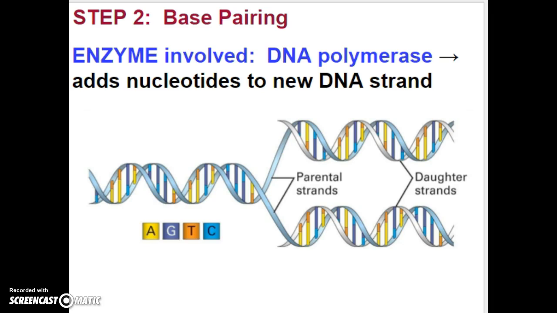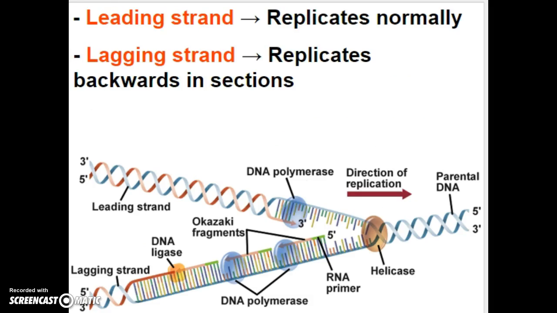If it sees a cytosine, then it's going to put a guanine, and it'll go on and on and on. The leading strand, which is the one that goes from 3' to 5', replicates normally. DNA polymerase keeps adding on bases until it's done.